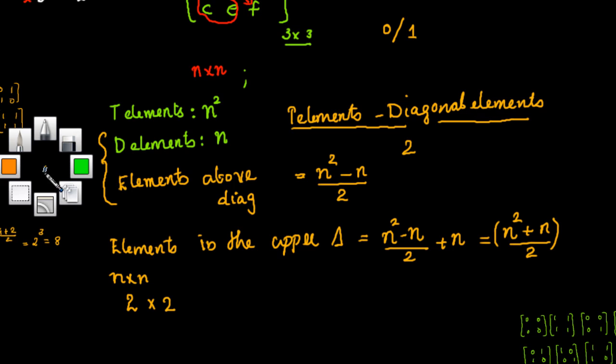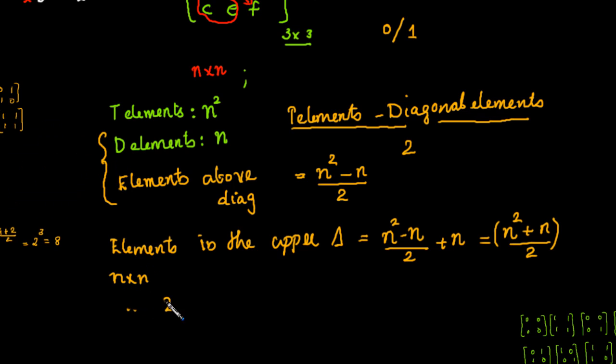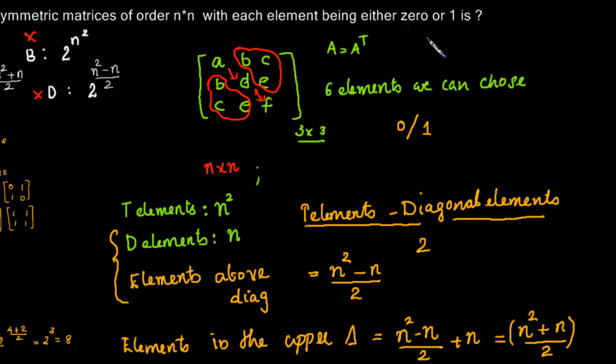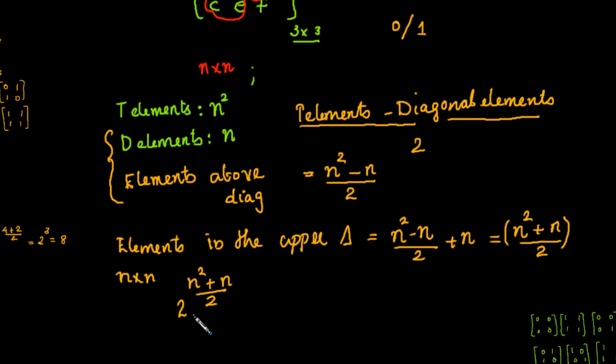It is another way of telling that the answer is 2 power n square plus n by 2, because we have to choose from either 0 or 1. Let's say we are given that we can choose from either 0, 1 or 2. Then the result will be 3 power n square plus n by 2.